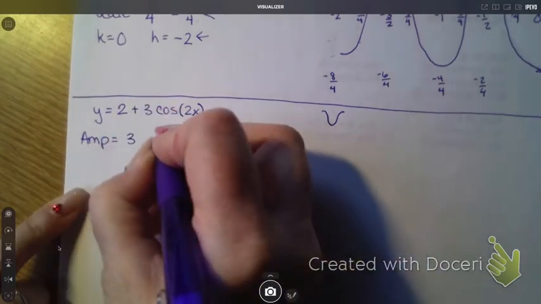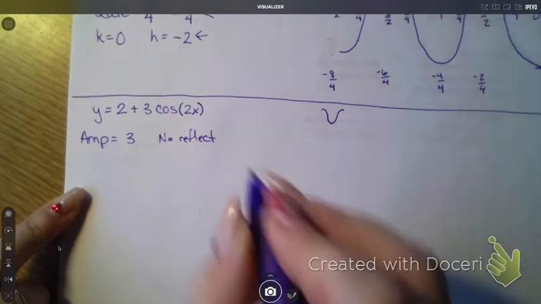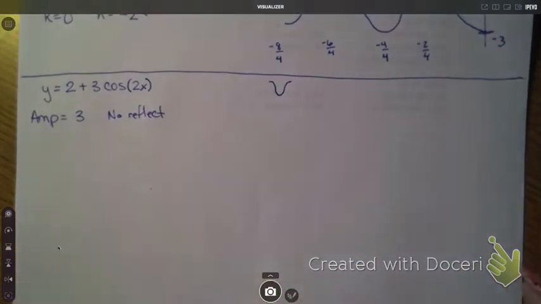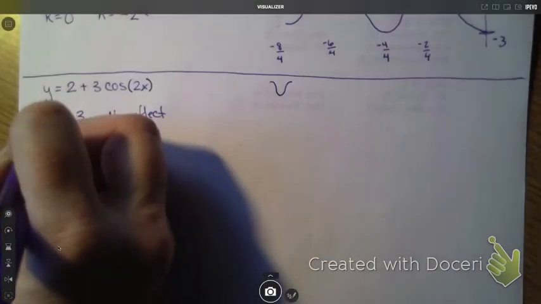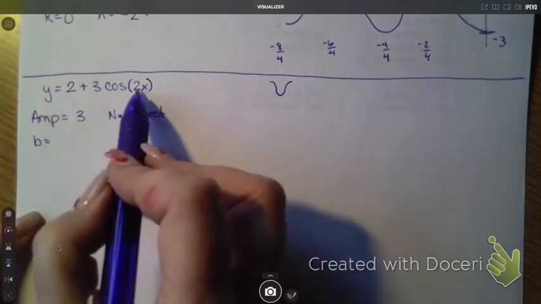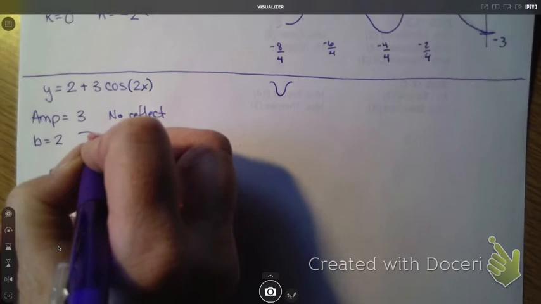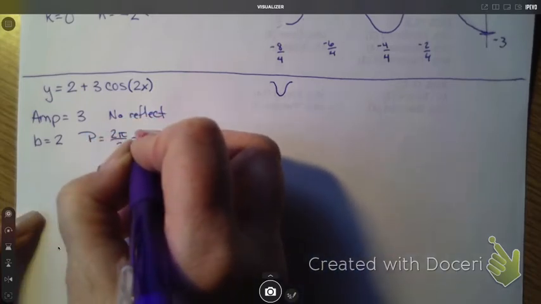No reflect. And I write no reflect so I remember to look for it every single time. Okay, B is 2. So period is 2 pi over 2. So it is pi.